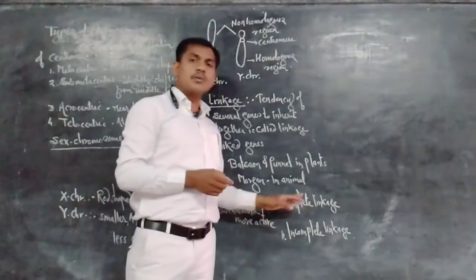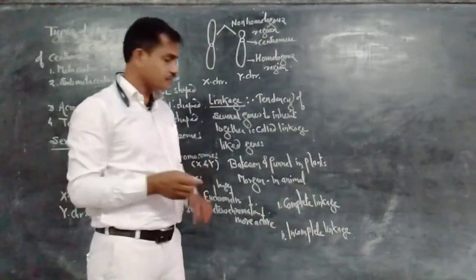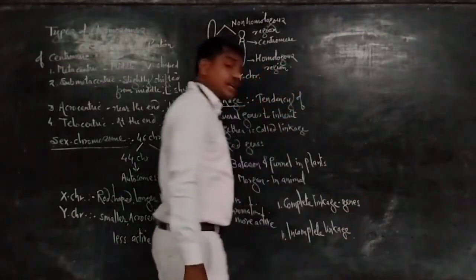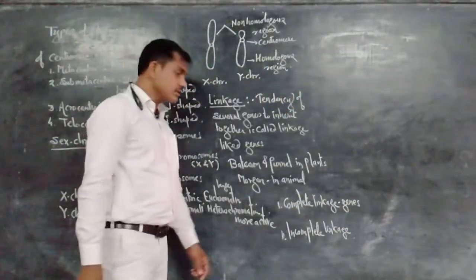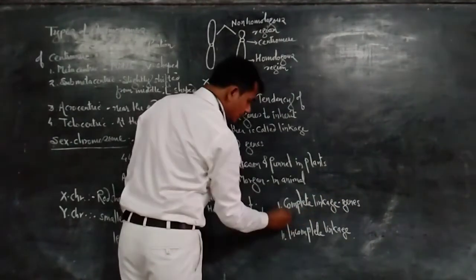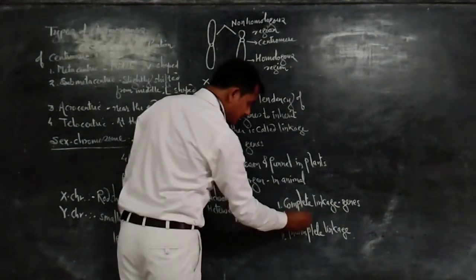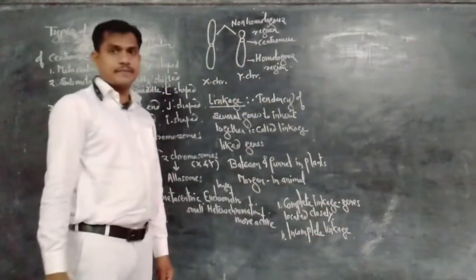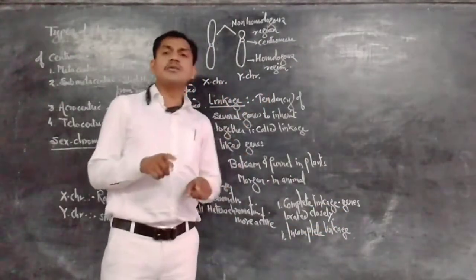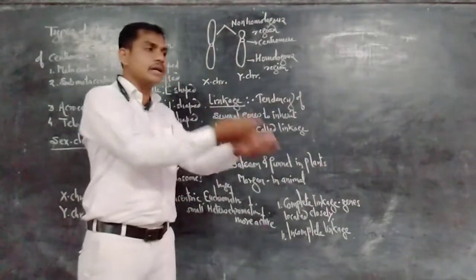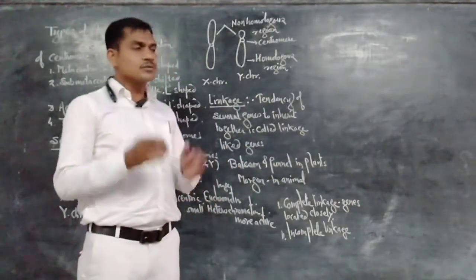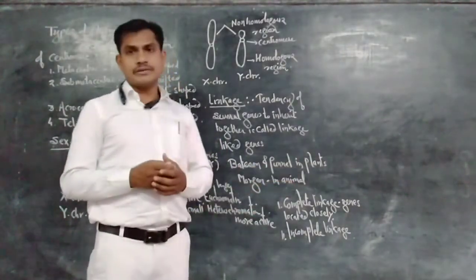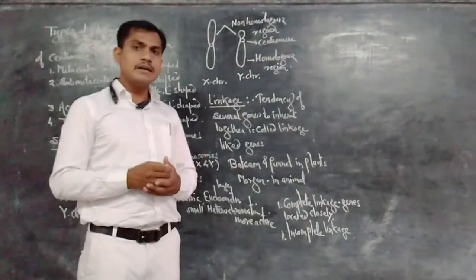Here the genes are located closely on the chromosome, so they do not separate during crossing over and are forwarded together from generation to generation. Such genes show complete linkage.